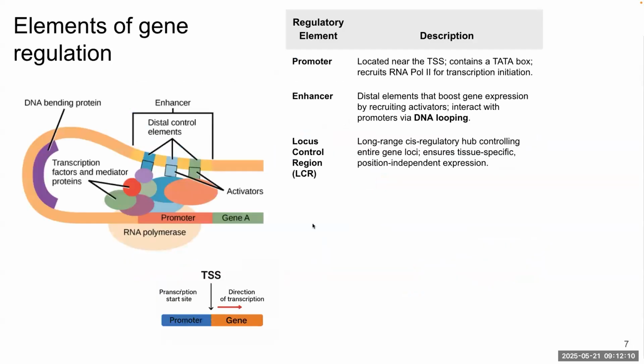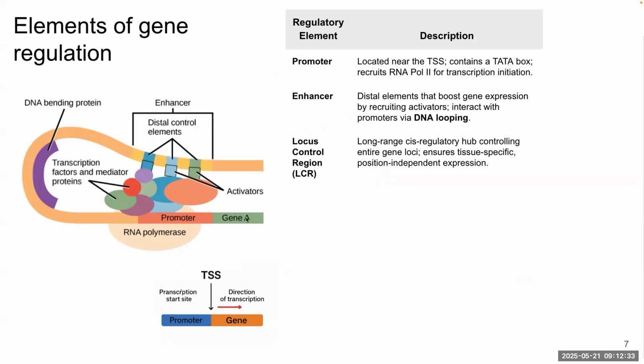Another common vocabulary that we are going to find when running an analysis focused on epigenomics is the different elements of gene regulation. Basically, we have a cartoon in which this orange line or loop is the chromatin.